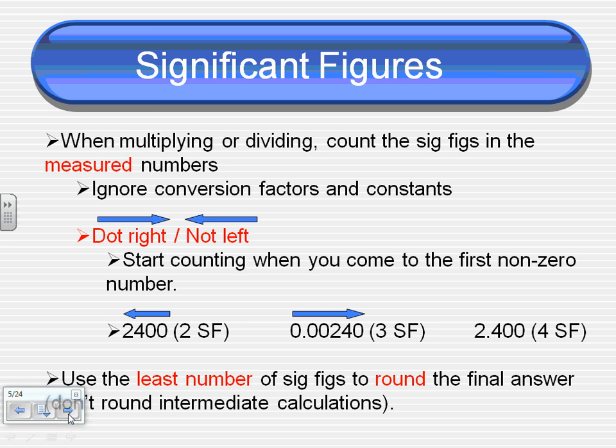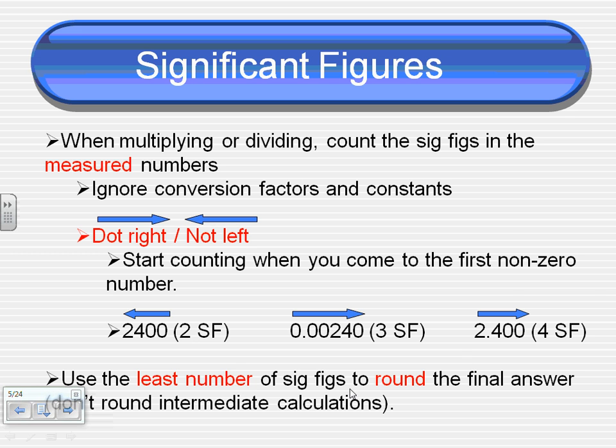So those first zeros do not count. All right, so we start with the 2, and so it's 1, 2, 3: the 2, 4, and then that last 0, because once you start counting, you have to count all the way to the end. All right, and the last one, there's a decimal point, but we hit a non-zero number right away, so we start counting, and we count all the way to the end.